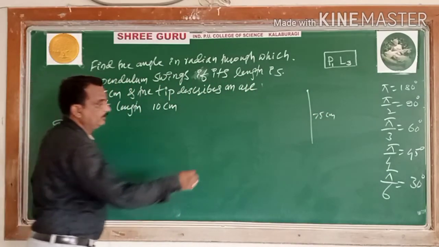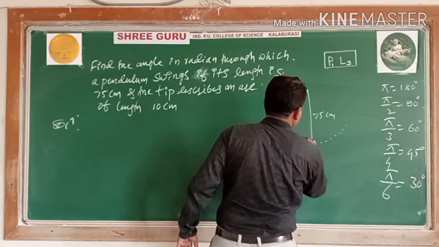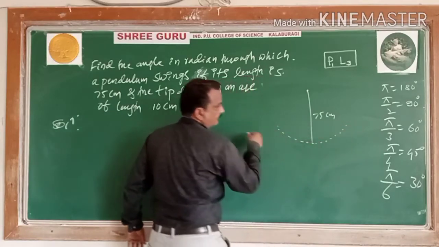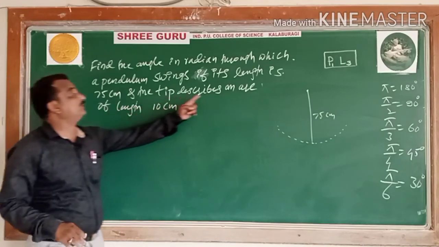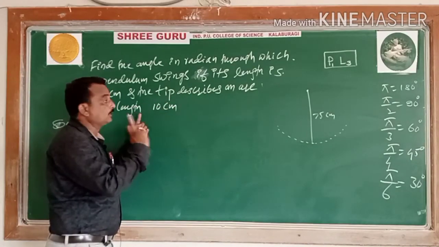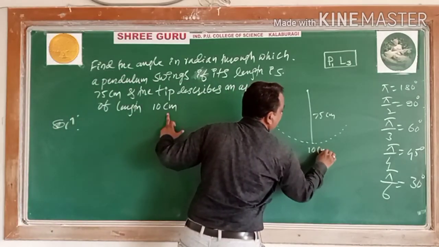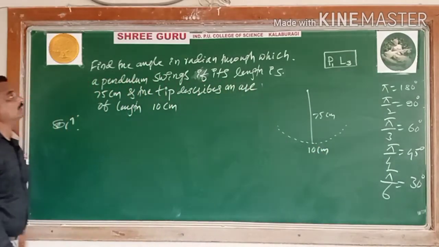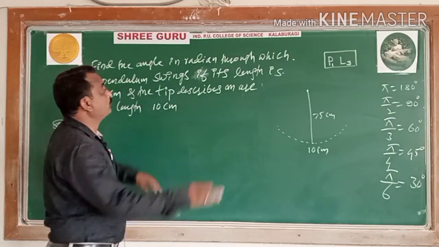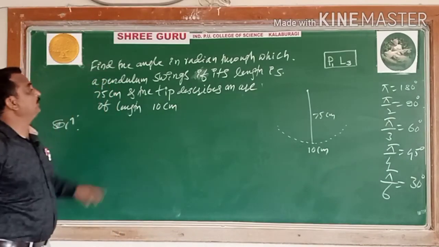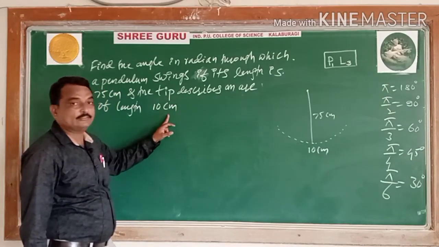If it swings, the tip describes an arc of length 10 centimeter, clearly given.